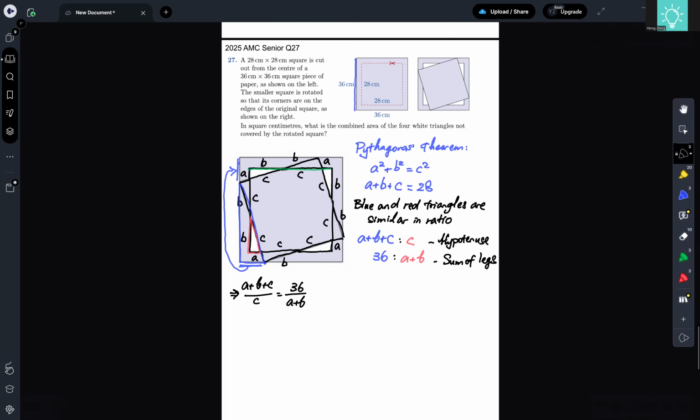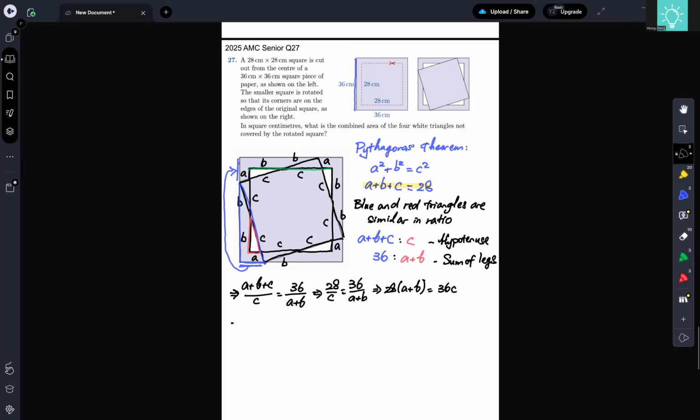Okay. We are given that A plus B plus C is equal to 28. So let's substitute that in. 28 on C is equal to 36 on A plus B. I can cross multiply. I get 28 times A plus B is equal to 36C.